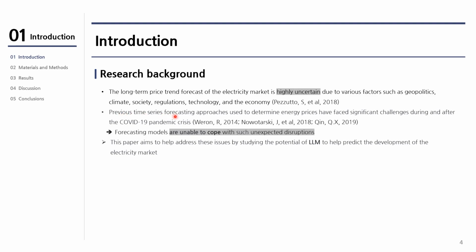Previous time series forecasting approaches used to determine energy prices faced significant challenges during and after COVID-19, demonstrating that forecasting models are unable to cope with such unexpected disruption. Therefore, this paper aims to help address these issues by studying the potential of LLMs to help predict the development of the electricity market.